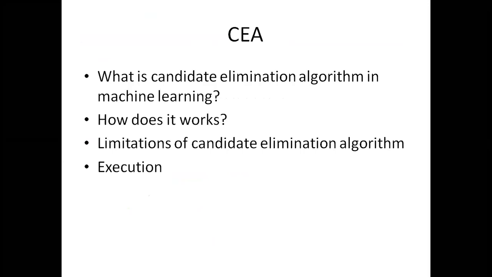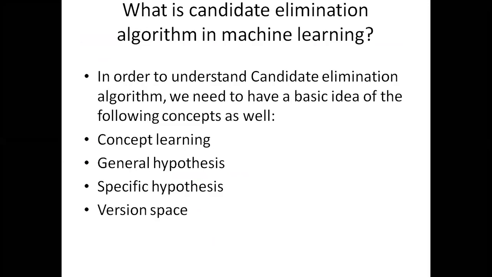First of all, what is candidate elimination algorithm in machine learning? In order to understand it, we need a basic idea of the following concepts. You have already studied these concepts in Find-S algorithm: concept learning, general hypothesis, specific hypothesis, and version space. So we have two concepts, the general hypothesis and the specific hypothesis.